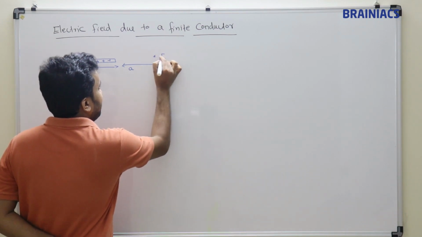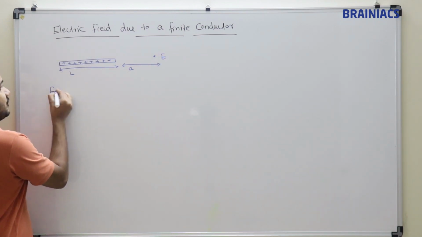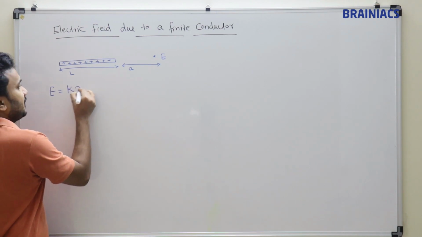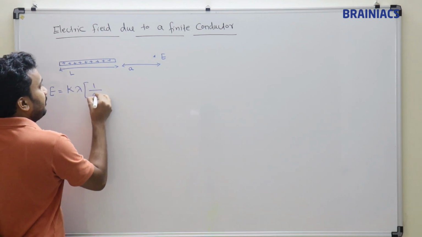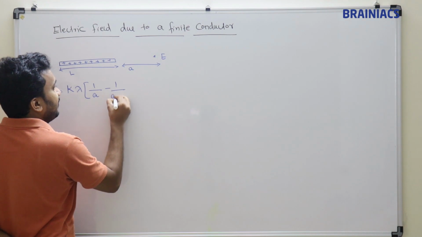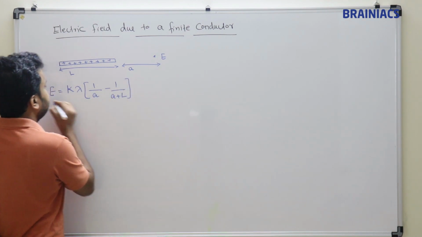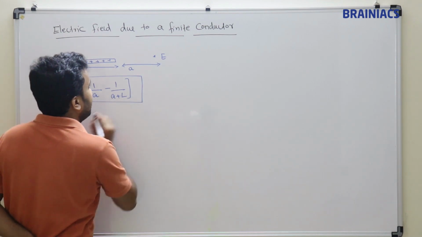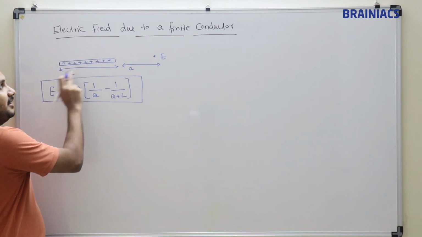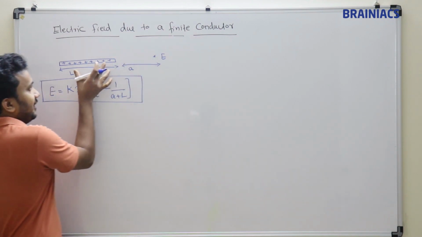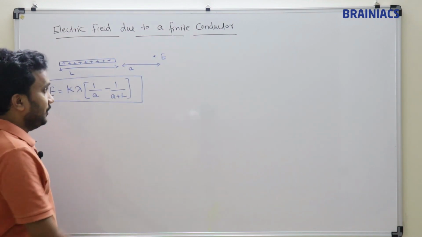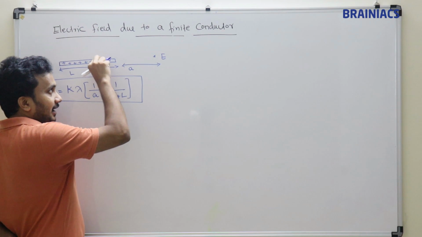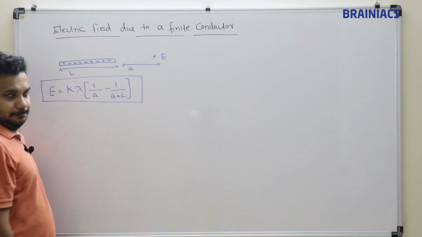The electric field at this point we got as k lambda into 1 by a minus 1 divided by a plus L. Hope you remember this equation. Finite means the length is measurable. So for the finite conductor, the electric field along that line, this is the equation.